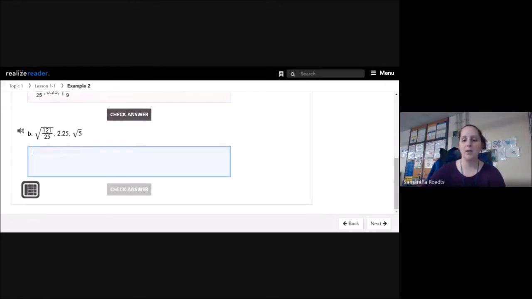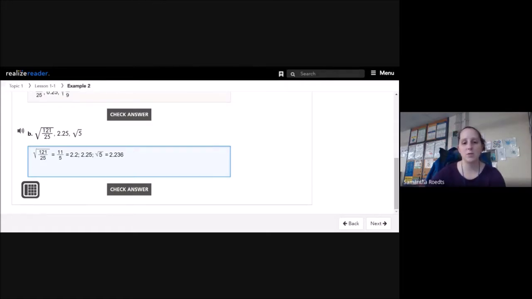I do the same thing here. The square root of 121 over 25 equals 11 over 5, which is 2.2. 2.25 I don't have to do anything with, and the square root of 5 is approximately 2.236. Again, I'm going from smallest to largest.